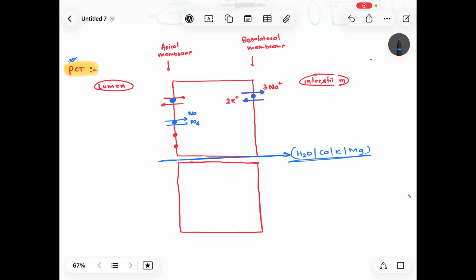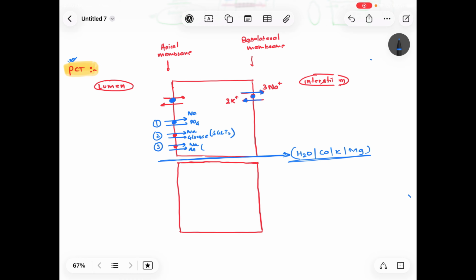This is also a type of co-transporter in which sodium moves with glucose, which we call SGLT2. And the third one is sodium coupled with amino acid. So in the PCT we have three types of transporter. First one is sodium phosphate, the second one is sodium glucose, and the third one is sodium amino acid.